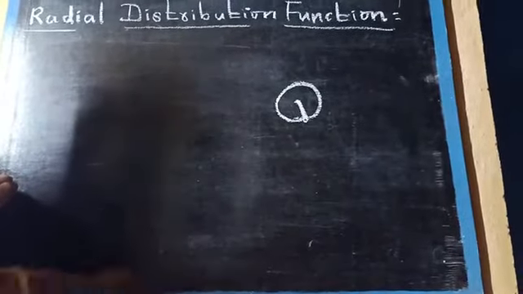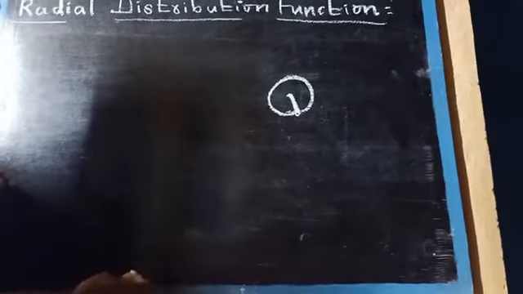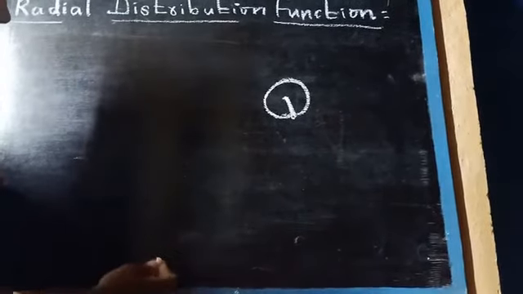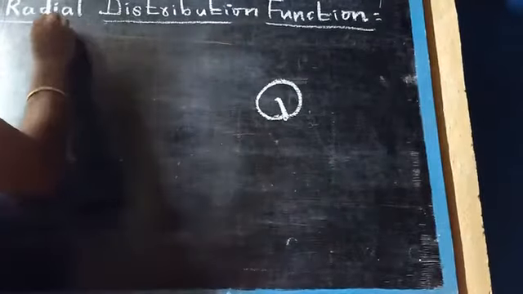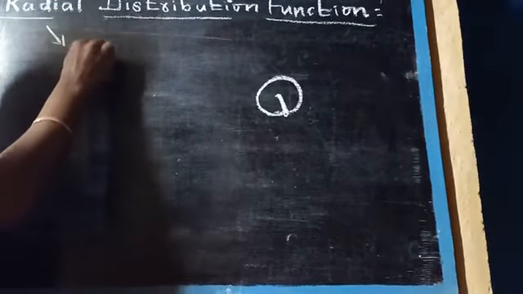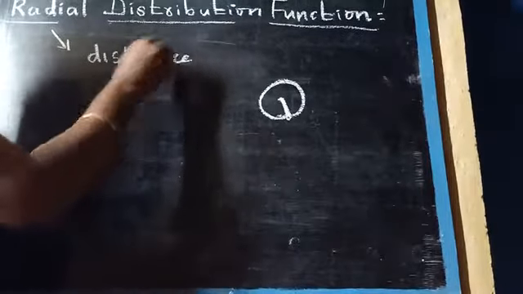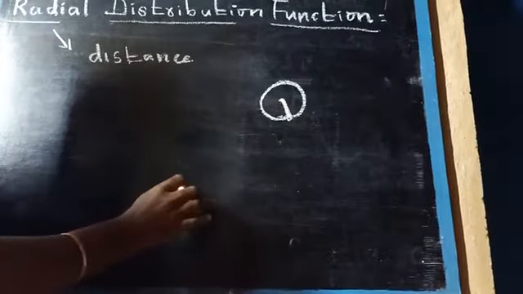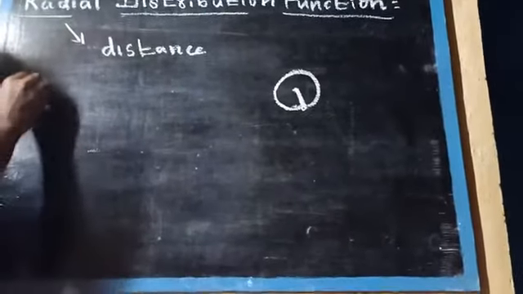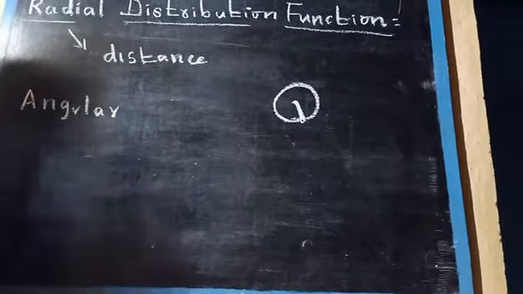And next one, we talk about the angular distribution. In angular distribution, we talk about the direction. In radial, we talk about the distance of electron as well as nucleus. In angular distribution, we talk about the angle.